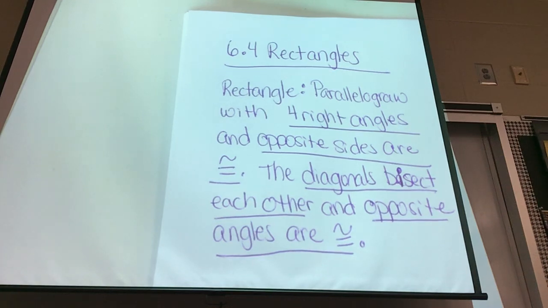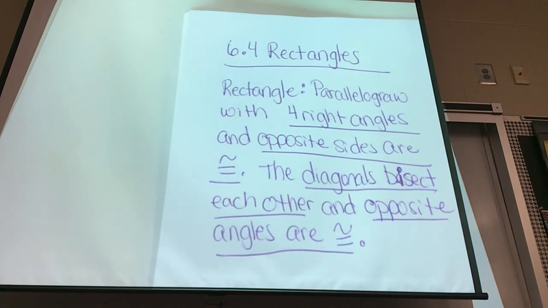If you're talking about top and bottom, they're going to be equal. If you're talking about left and right, then they're going to be equal. So opposite sides are automatically going to be equal, whichever ones you're talking about. If you're doing a problem and they're talking about top and bottom, then you've got to know that those two are equal.